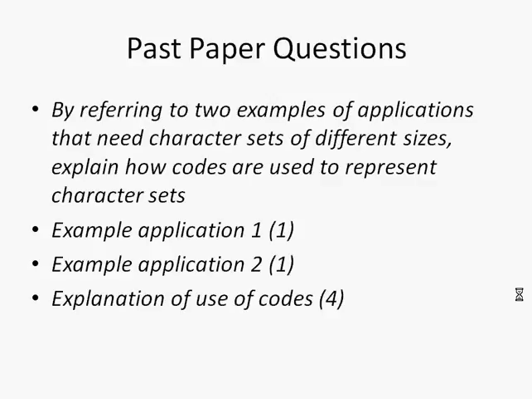So you can see a much more complex question. But firstly, you're asked to give examples of applications that would need character sets, and some good answers might be those. Try and choose 2 very different ones: a word processor and an ATM, an auto teller machine, or as a cash machine, as we might more commonly know it.